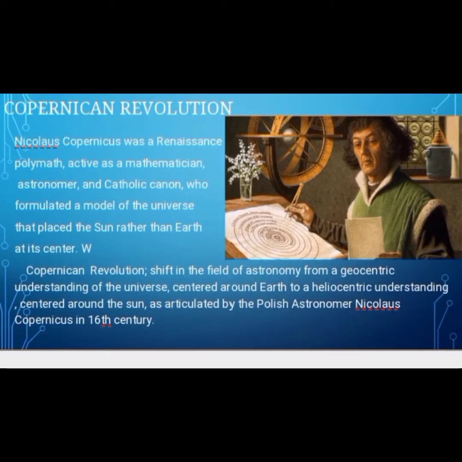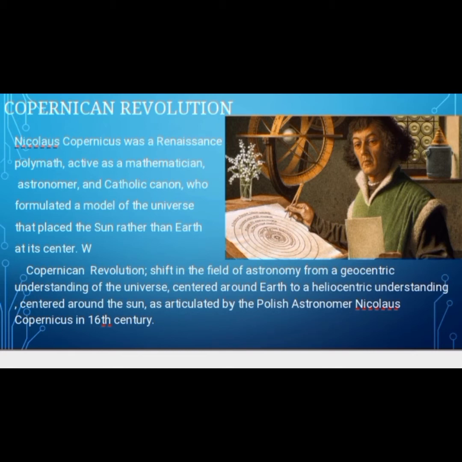Copernican Revolution. The Copernican Revolution was a theory of Nicolaus Copernicus. Nicolaus Copernicus was a Renaissance polymath, active as a mathematician, astronomer, and Catholic canon, who formulated a model of the universe that placed the sun rather than Earth at its center.